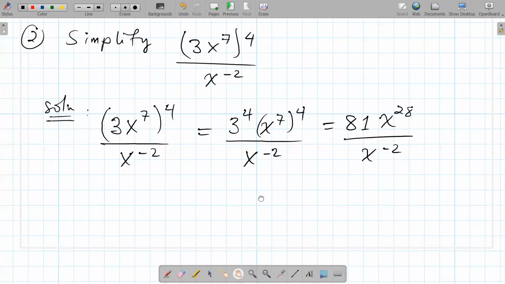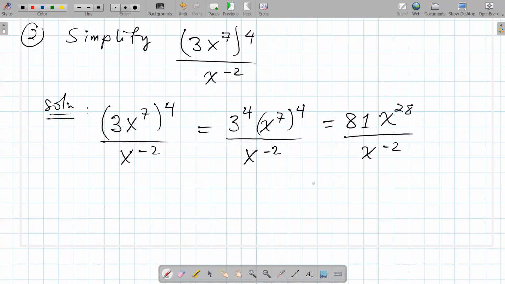Now think of it. We don't want negative exponents. So I need to move this. To change this from a negative exponent to a positive exponent, it has to what? Move positions. It has to move from the denominator to the numerator.